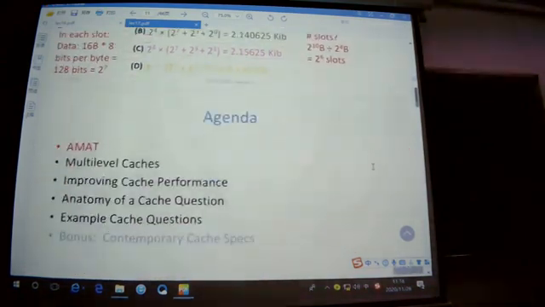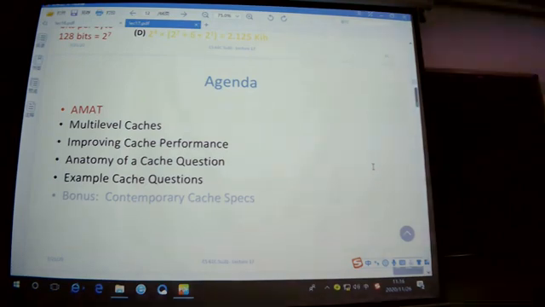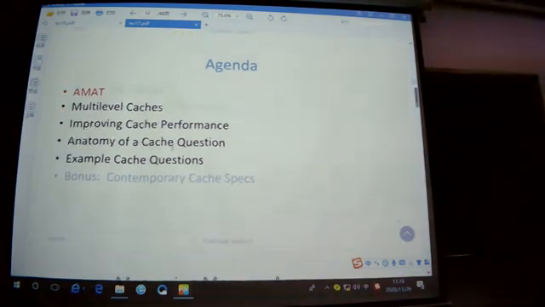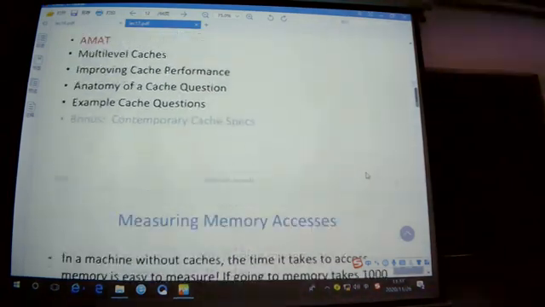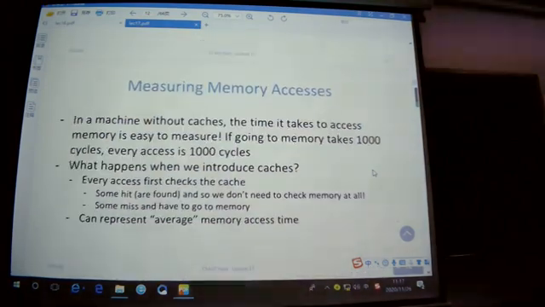Okay, this is the agenda in lecture 17. We can find this is one question: measuring memory accesses. In a machine without cache, the time it takes to access memory is easy to measure.